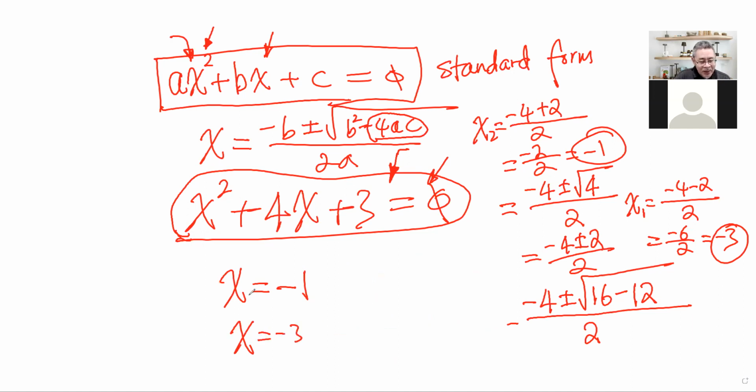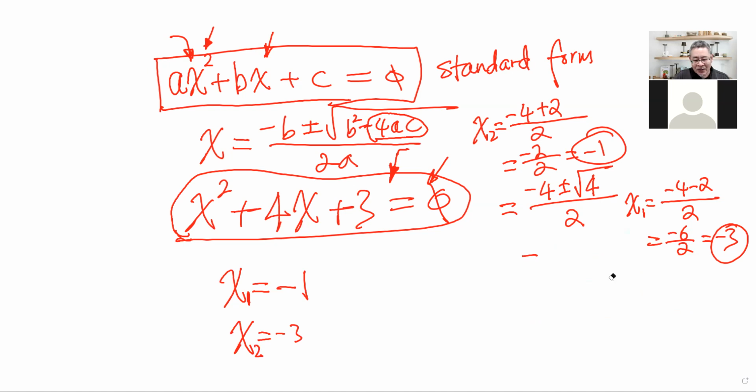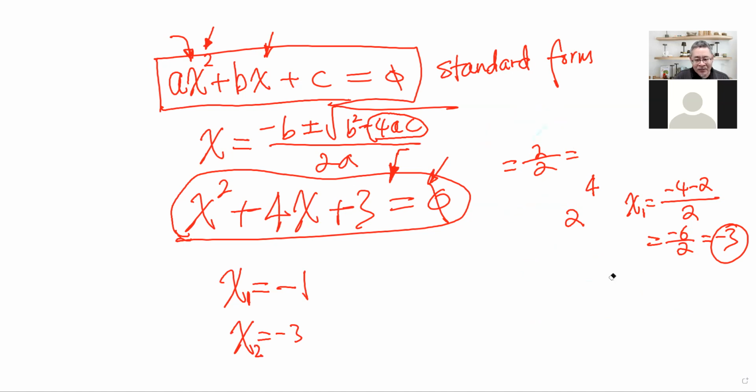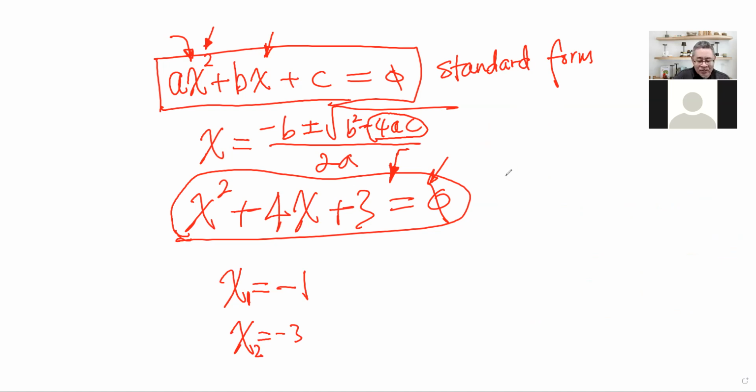Sometimes people put a number here to indicate we got two solutions. To verify, we find two numbers to satisfy this equation: one is -1, one is -3. We can check by plugging in -1: -1 squared plus 4 times -1 plus 3.